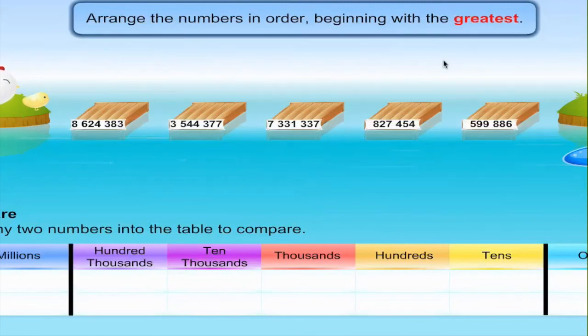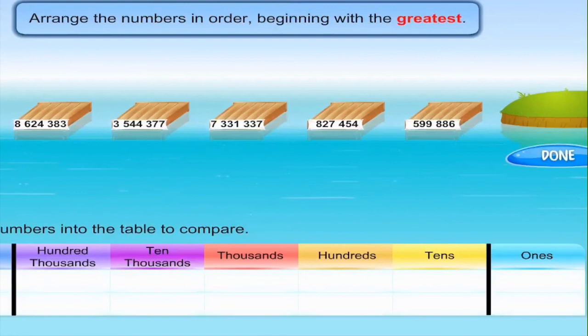Okay, so as I arrange the numbers in order, beginning with the greatest, then I will click over here. There's a button that says Done, and it will tell me if I need to make any changes or if I'm correct. Incorrect. Try again. So it says that I need to try again. So looking at my answer, I need to figure out which ones I need to rearrange. So I'll go ahead and do that.